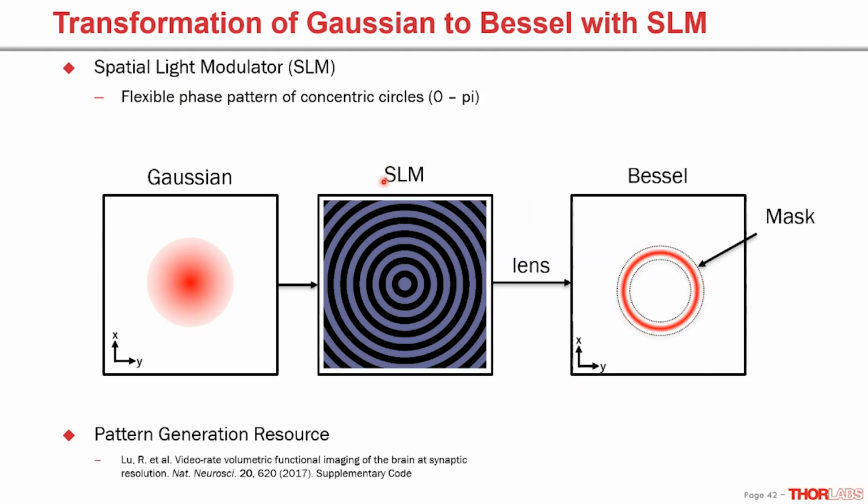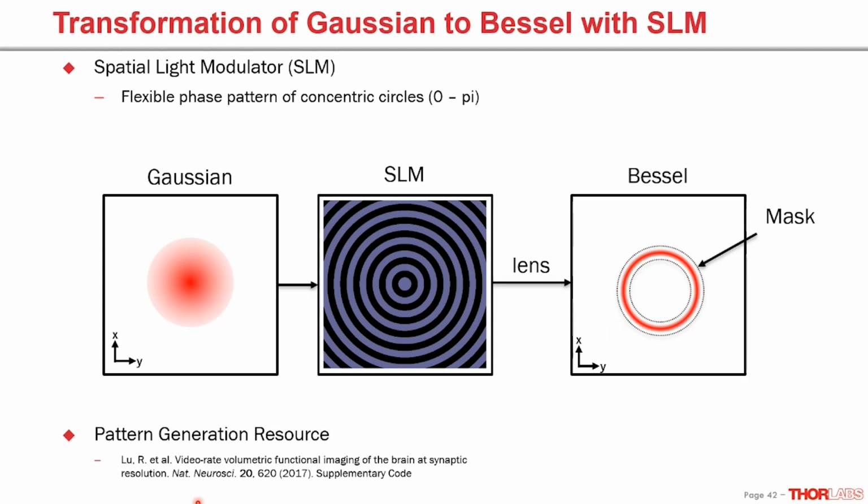Unfortunately, the SLM isn't 100% diffraction efficient, and so you'll have parts of your beam that don't get diffracted, or you'll have some energy in higher order modes, and so you need to use a mask to get rid of those. You use this mask as a spatial filter to get rid of these unwanted sources.